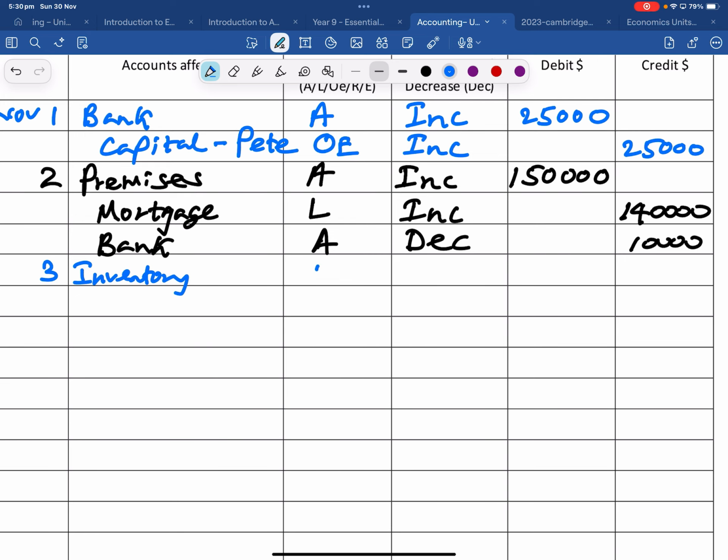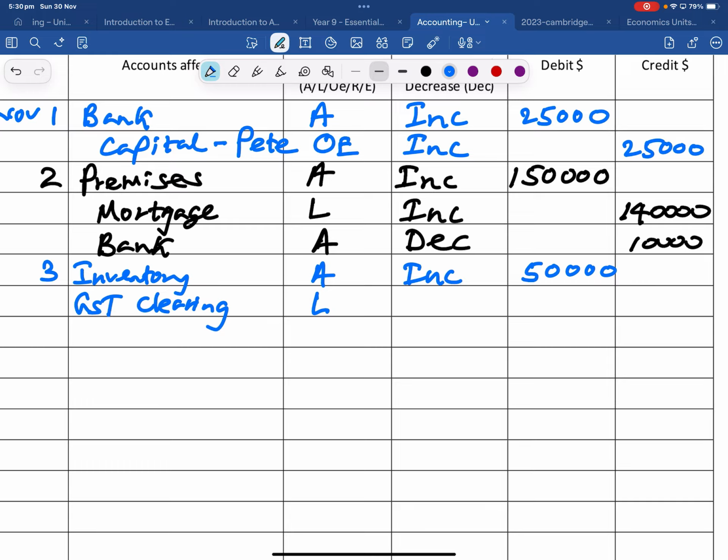What happens? Inventory increase, debit 50,000. Then next item, GST clearing, which is a liability. What happens?